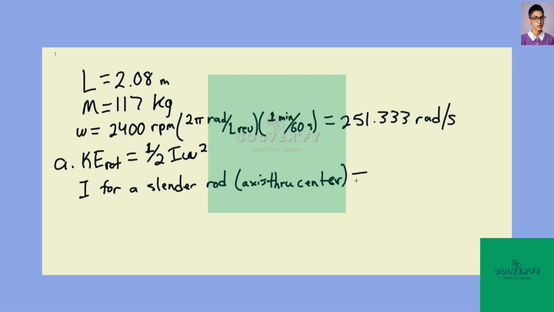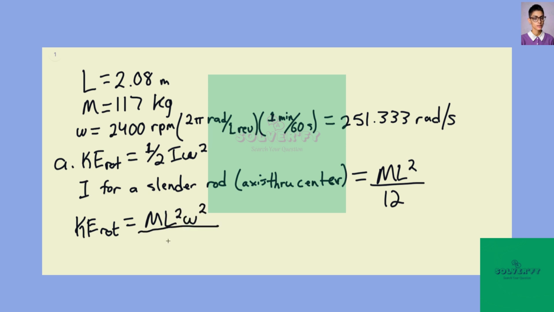So this is going to equal ml squared over 12. So the rotational kinetic energy is going to equal 1 over 2 times I, which is ml squared over 12. So it'll be ml squared omega squared over 24.